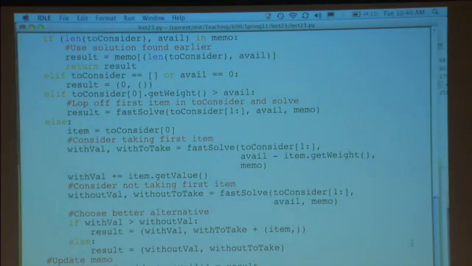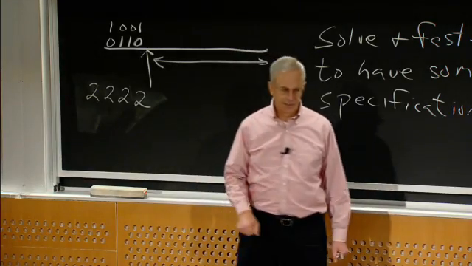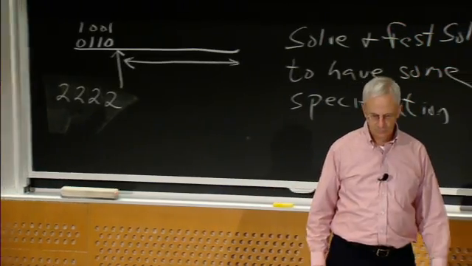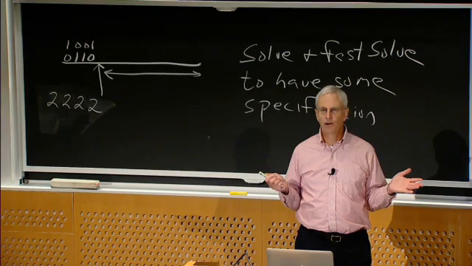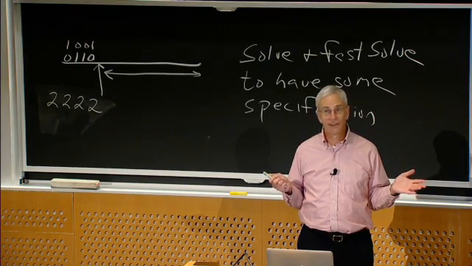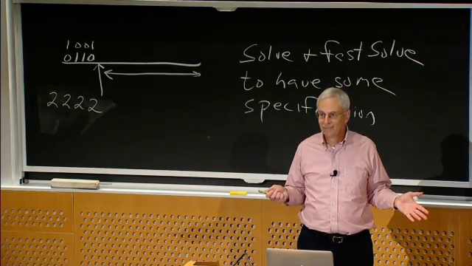Otherwise, I'm now in the interesting case. If to consider sub 0, the first one here, if the weight of that is greater than what I have available, then I know I can't take it, right?